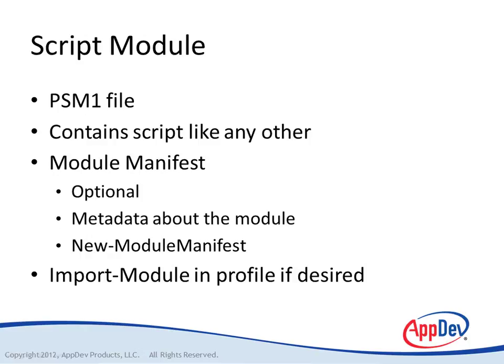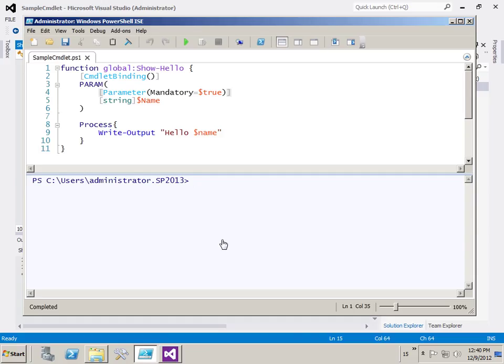All right, so let's jump back over to PowerShell and create a new simple module which is going to hold our show hello commandlet. Okay, so what I want to do is take this script right here, which is a commandlet called show hello, and put it into a new module.